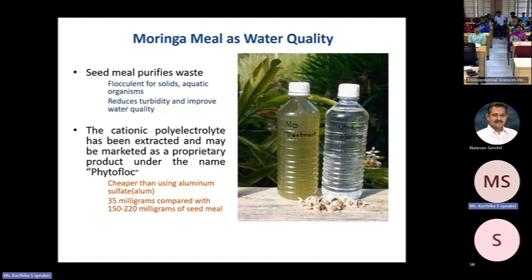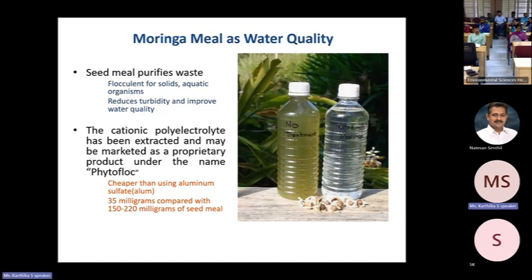This is remediation: a flocculant for solids and aquatic organisms, reducing turbidity and improving water quality, water treatment, particularly drinking water. Wonderful thing. This protein never dissolves, but it functions with the ion exchange property. The entire protein is not a consumable food protein. It's not a structured protein. It's a different protein.